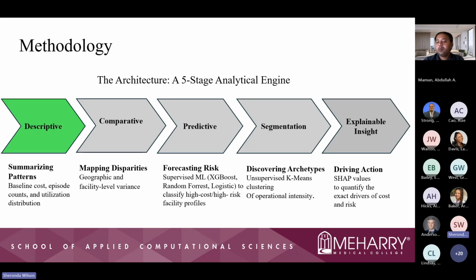My question here was, what happened? In the comparative intelligence stage, I compared the facilities and states and grouped them to understand who performed differently and why. This helped turn the raw numbers into actionable benchmarks and gave me some insight on the disparities.